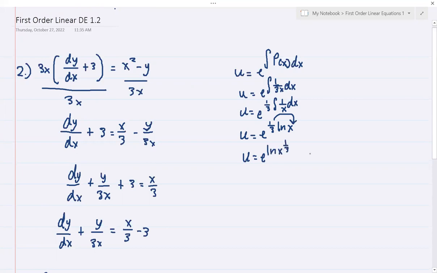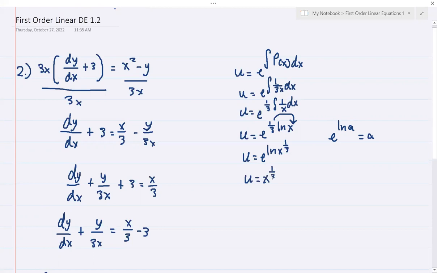And remember, e raised to ln of a is equal to a. If you have e as your base and a natural logarithmic function in the exponent, just copy the input.